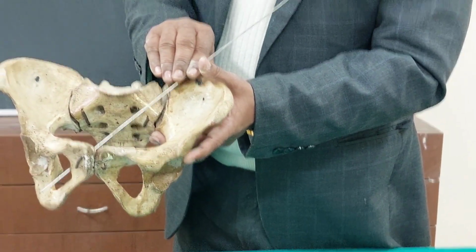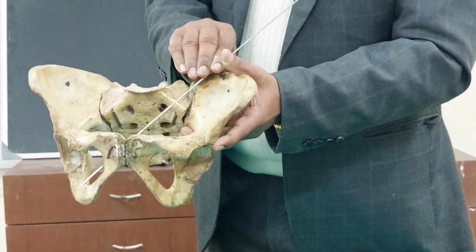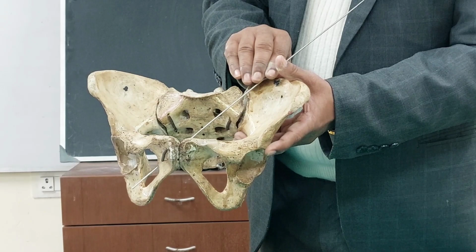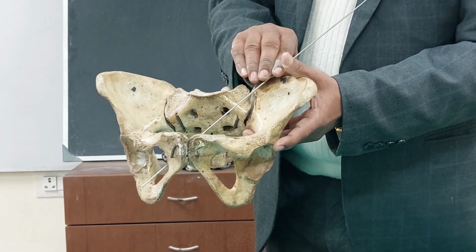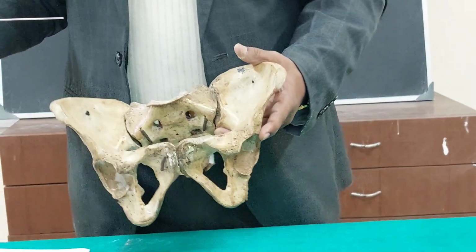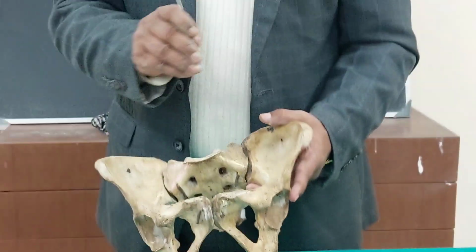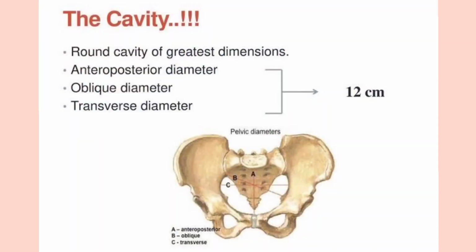This will be the oblique diameter of the pelvic cavity. And the transverse diameter is the maximum diameter in the pelvic cavity. So here also we have three diameters: the anteroposterior diameter, the transverse diameter and the oblique diameters.